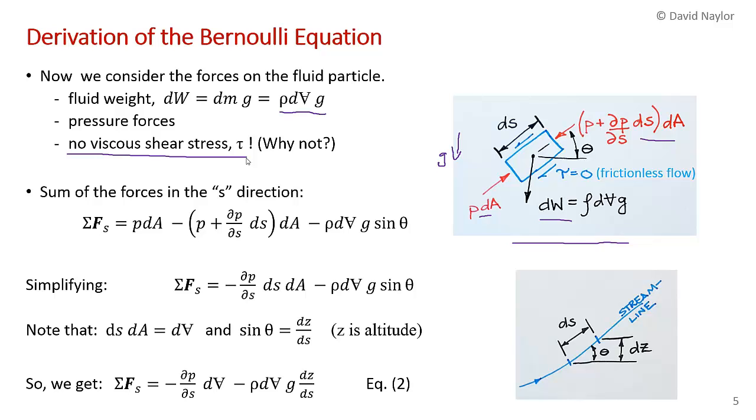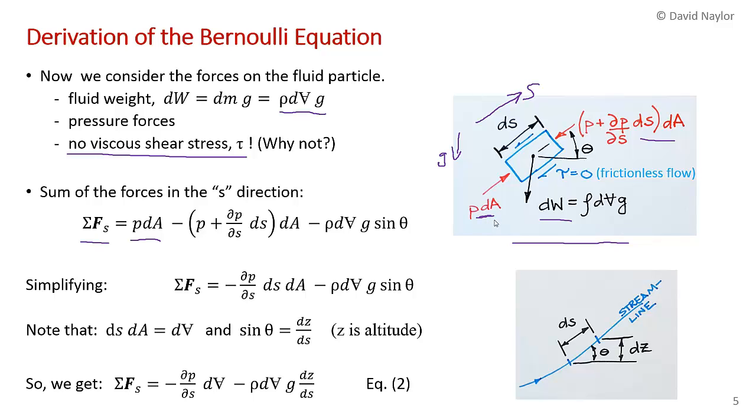So for now, given that we've neglected viscosity, we can now sum the forces that we have, which are weight and pressure. So the sum of the forces in the S direction, remember S is in the streamline direction here, is P dA, that's the pressure on the bottom side of the element, that acts in the positive S direction.